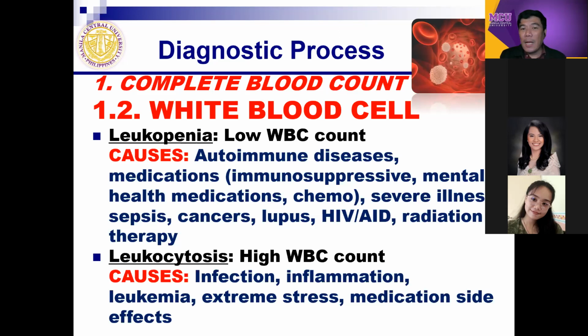So alam niyo po ba na ang extreme stress at increased anxiety level ay nagko-cause po ng high WBC count. Kaya imagine ninyo na pag kayo po ay may extreme stress, ang cortisol ay napoproduce. Yung cortisol po usually ay anti-inflammatory substance ng body. So, pag extreme stress kayo, lalong tumataas yung cortisol, pero nagkakaroon siya ng too much effect sa body.